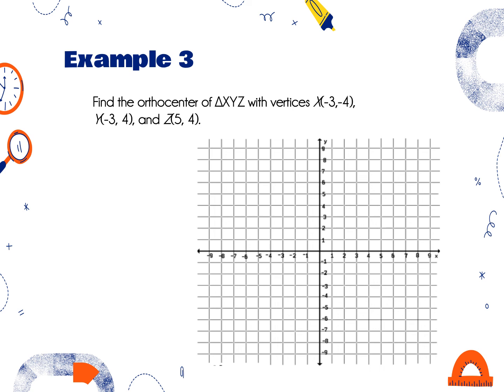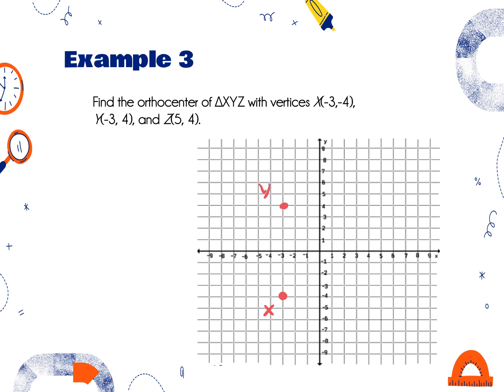Okay, so the first thing we're going to do is graph the ordered pairs and create our triangle XYZ. After we graph it, then we're going to find the orthocenter. So let me go ahead and graph ordered pair X. It's -3, -4. Then I'm going to graph Y, which is -3, +4.